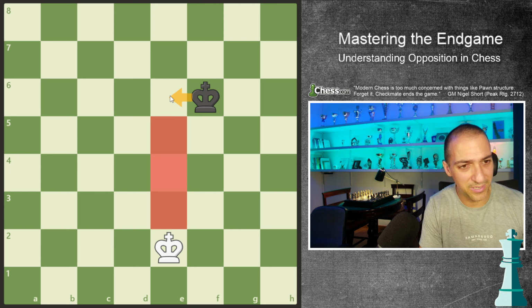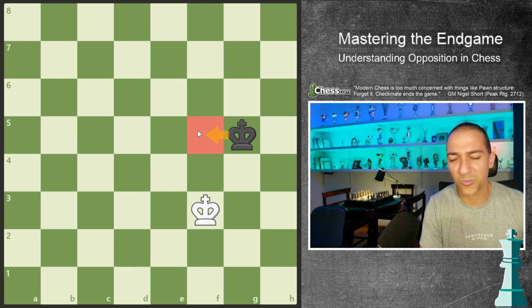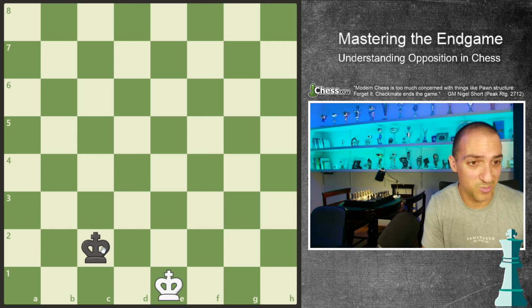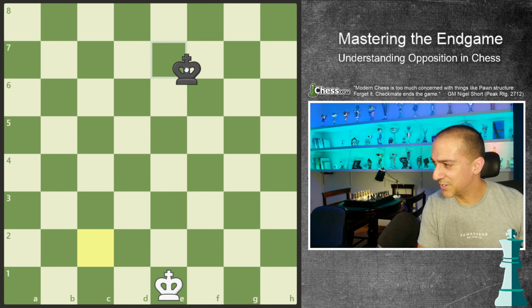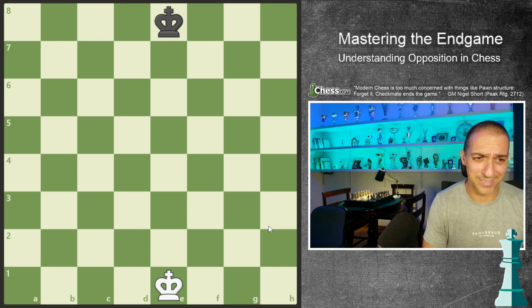Okay, I can play here, but I can outflank again. Why can't he outflank? Because I will have the opposition then. So outflank, outflank, and outflank. It's over. Okay, so it's very interesting, this concept, because you will apply this in almost all of your endgames.